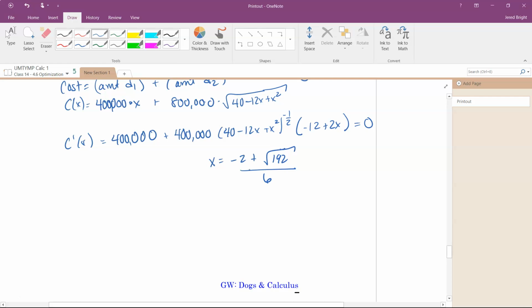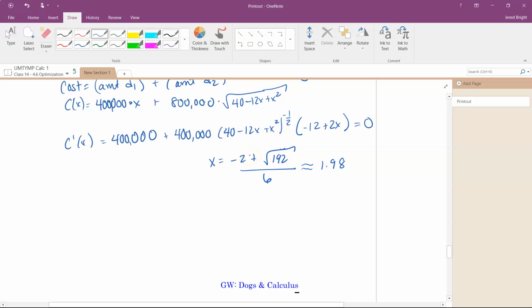And so here we have this. If you calculate that out, that's about 1.98, if you round to 2 decimal places. From there, we do have to verify that this is a minimum. If you want to take the second derivative, you're welcome to.